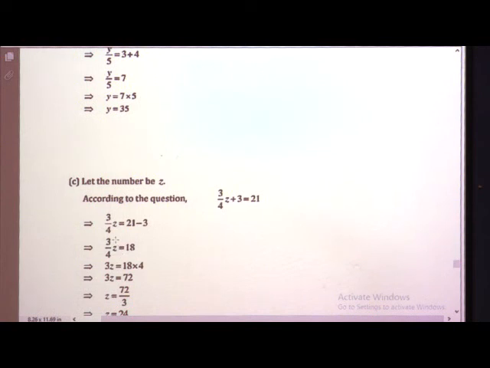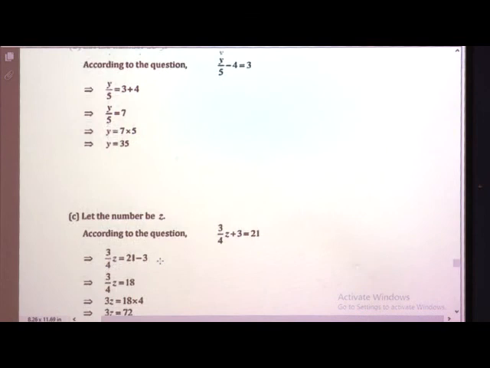So we can write 3z is equal to 18, and the 4 is in the denominator, the division form, so we write it in multiplication, that is 18 multiplied by 4. Now 3z is equal to 72. Now z is equal to 72 upon 3. After reduction we get the value of z as 24.